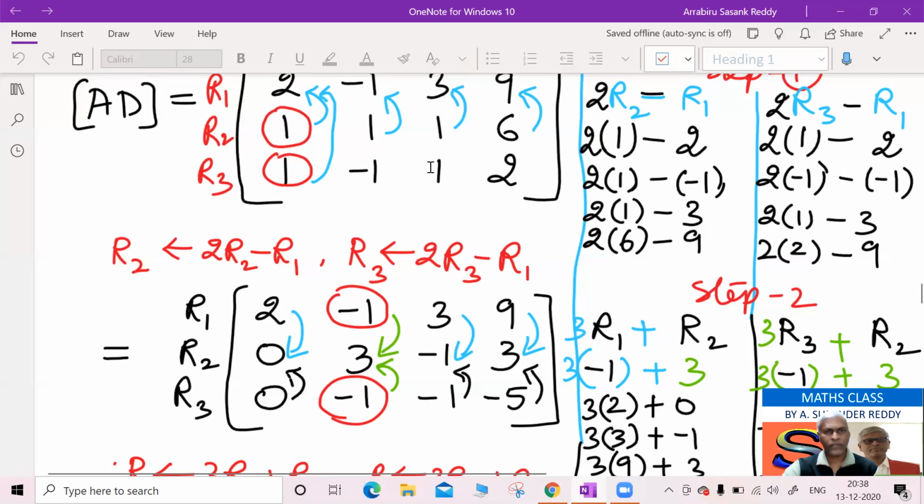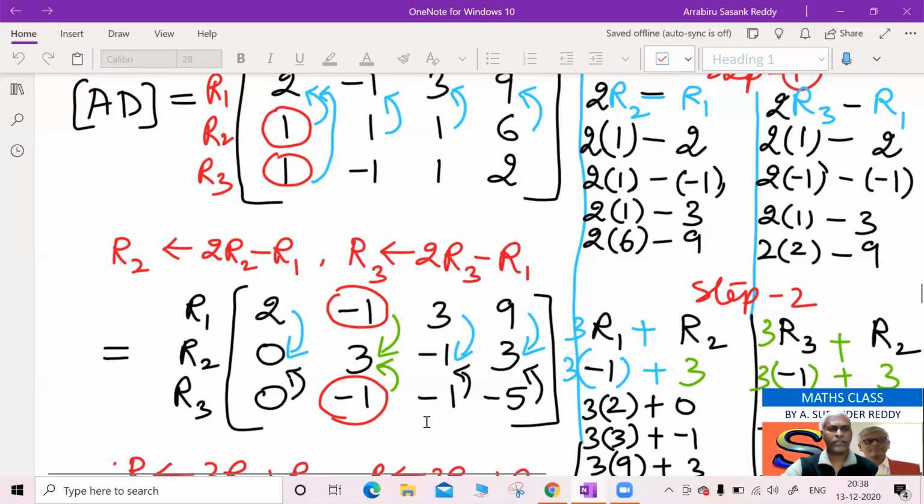Apply the same formula for the second elements, that is minus 1 and minus 1. Substituting, 2 into R3 value minus 1, minus R1 value also minus 1: minus into minus is plus, so minus 2 plus 1 is minus 1.